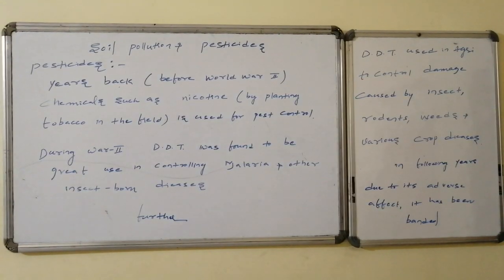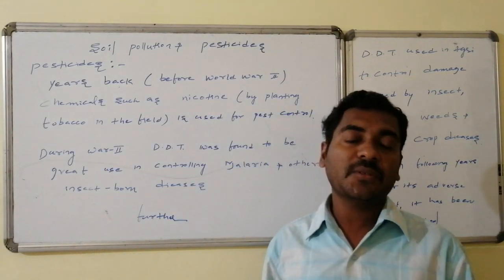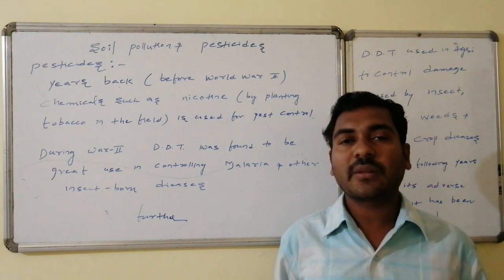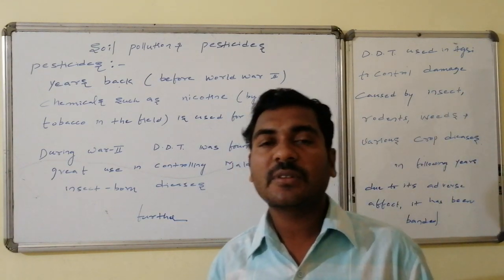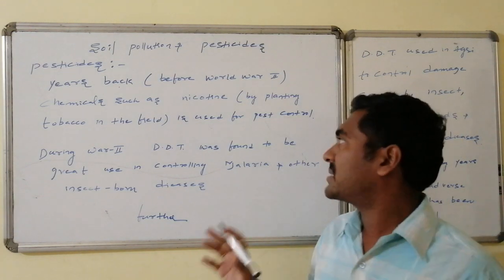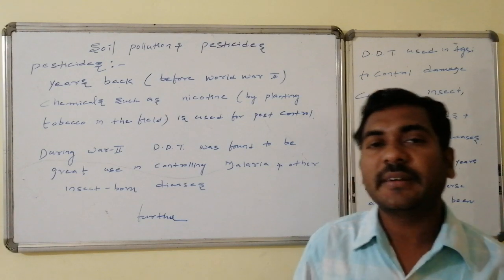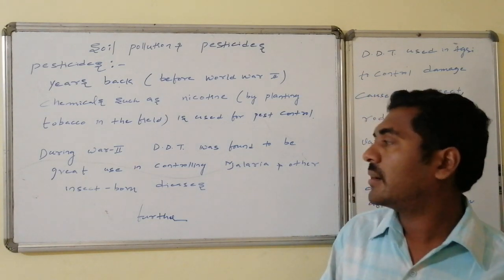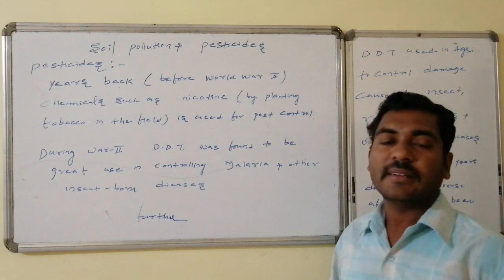Years back, before World War II, chemicals such as nicotine were used in the agriculture sector to control pests. That is, tobacco plants were planted in the middle of the crops, and with these tobacco plants pest control was generally done. But during World War II, DDT was found to be of great use in controlling malaria related insects.